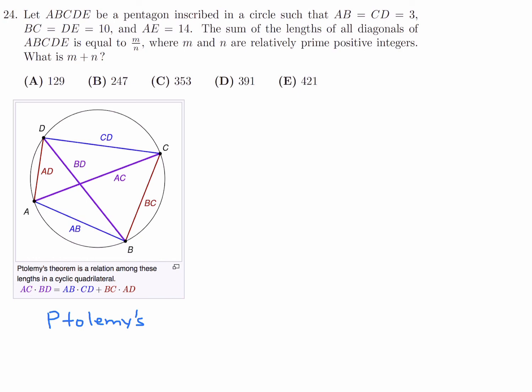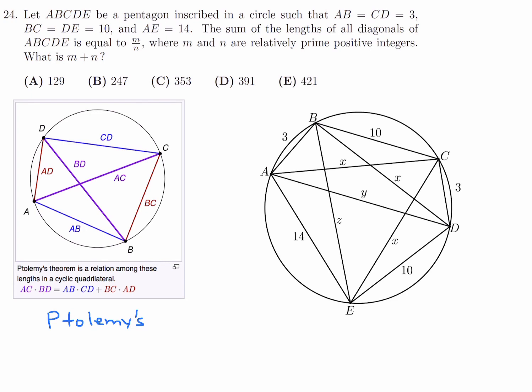So let's draw this diagram based entirely on the information given in the question stem. Now let's use Ptolemy's theorem to calculate our values. We have three quadrilaterals: ABCD, ABDE, and BCDE.